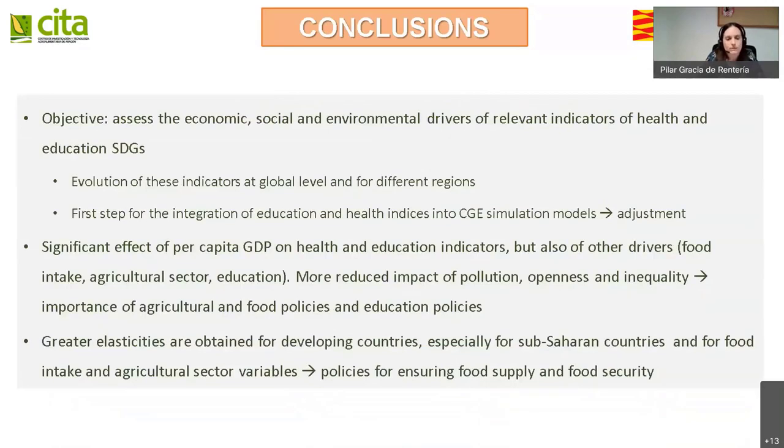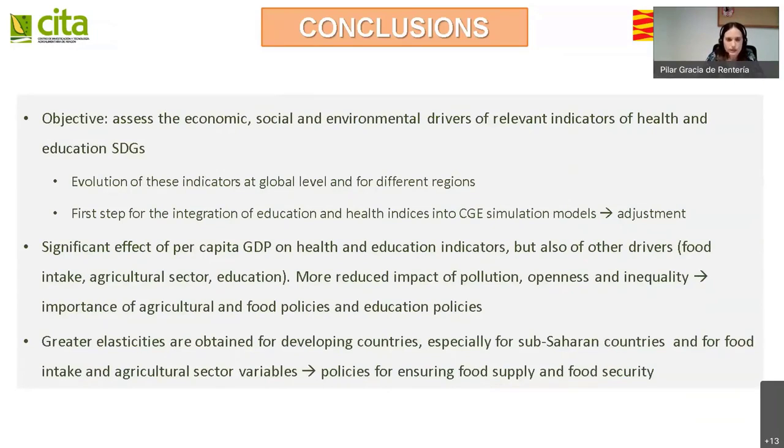So to summarize, this research aimed at assessing the drivers of relevant indicators of health and education SDGs, and the results obtained provide very relevant information about the rationale that guides the evolution of these indicators, both at a global level and for different regions.